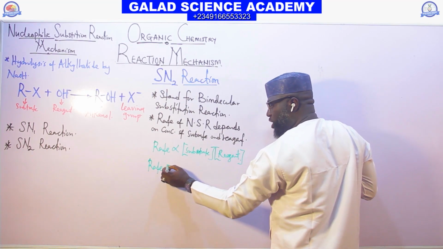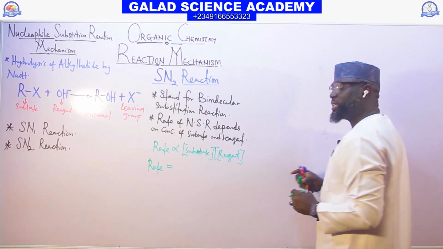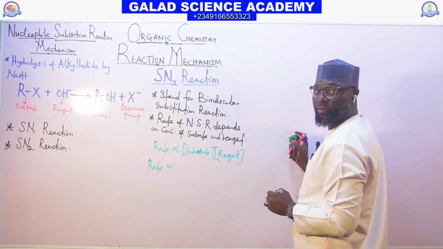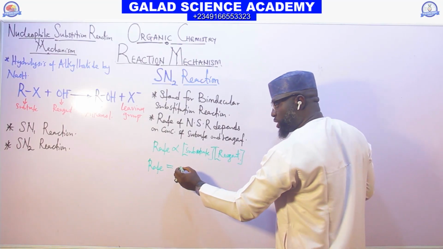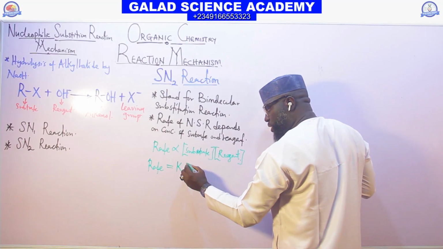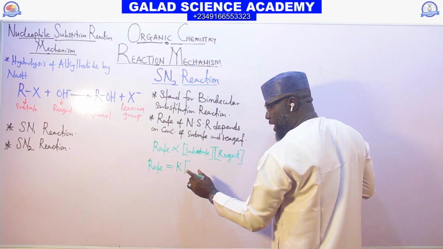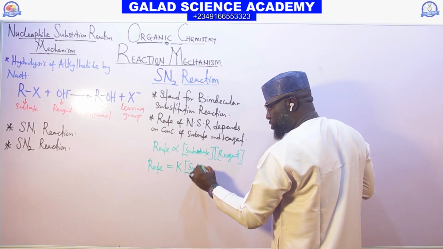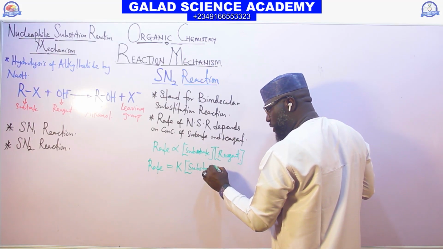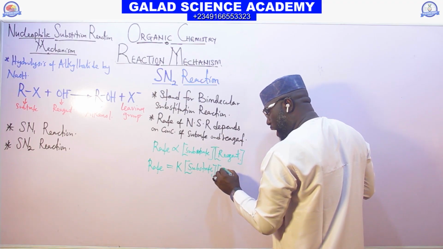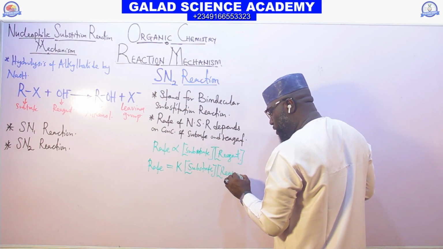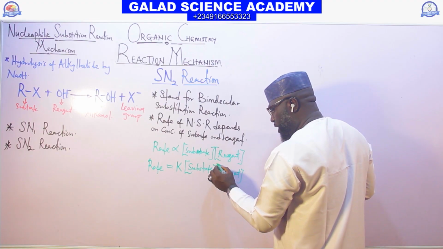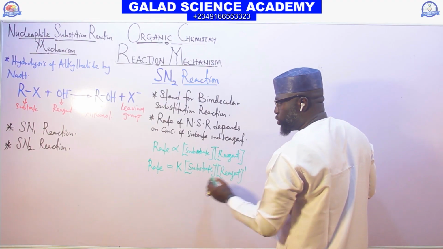I've explained this under rate of chemical reaction in first semester. You now have k, the rate constant, times the substrate, which is alkyl halide, and sodium hydroxide, which is the reagent. Power here 1, power here 1.